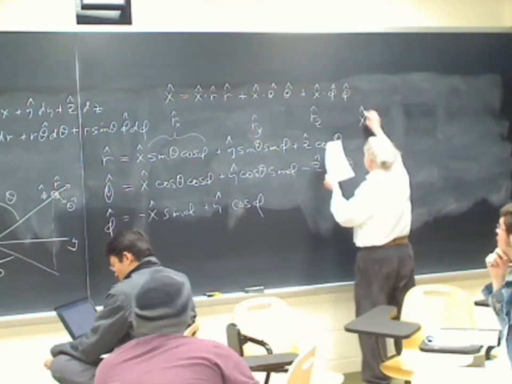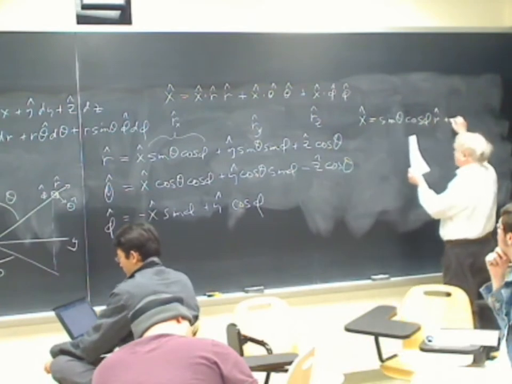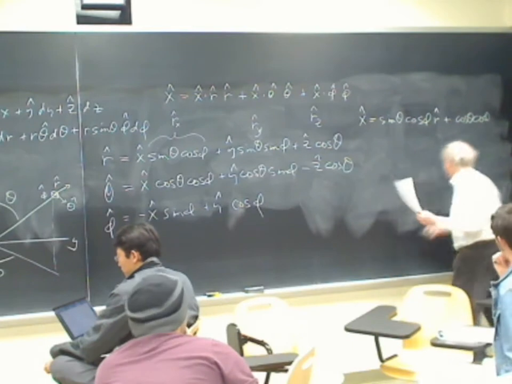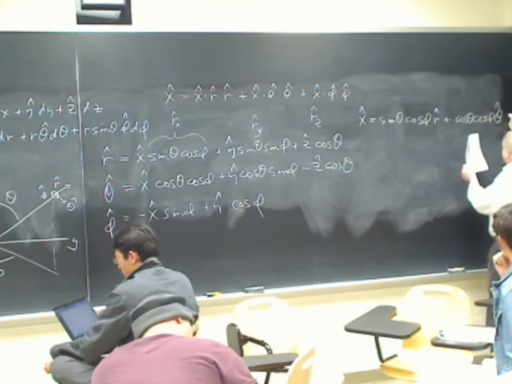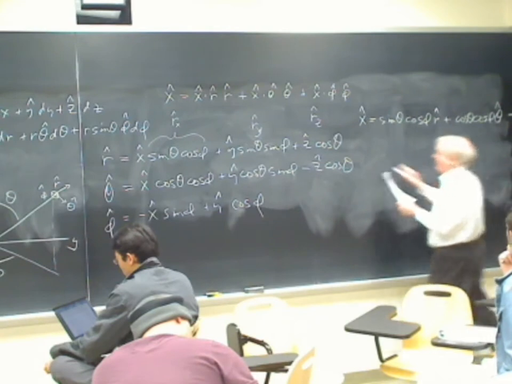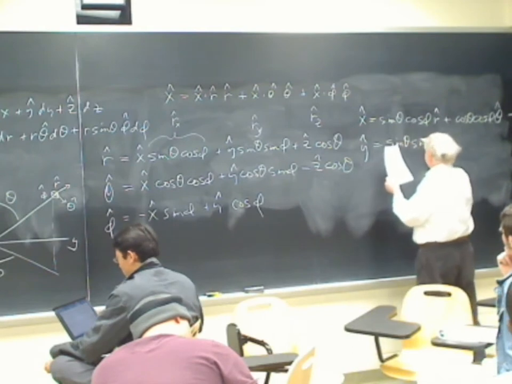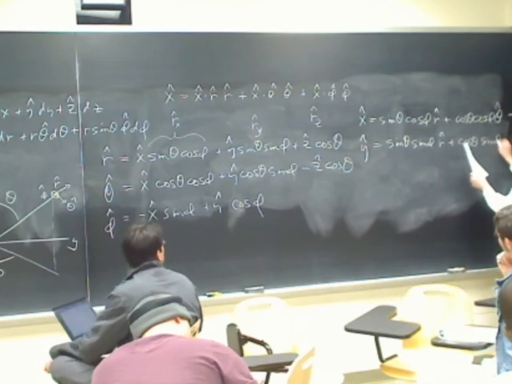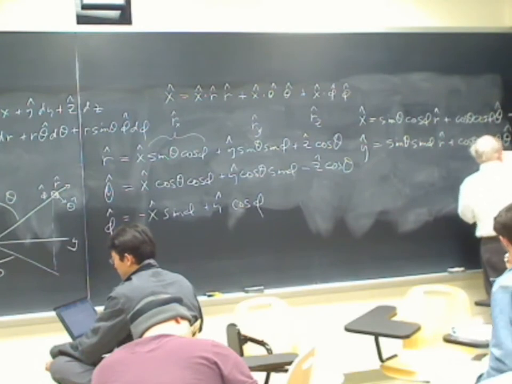And in this way, what we find out is that x hat is equal to sine theta cos phi r hat plus cos theta cos phi theta hat, and then minus sine phi phi hat, and then y hat is equal to sine theta sine phi r hat plus cosine theta sine phi theta hat plus cosine phi phi hat.